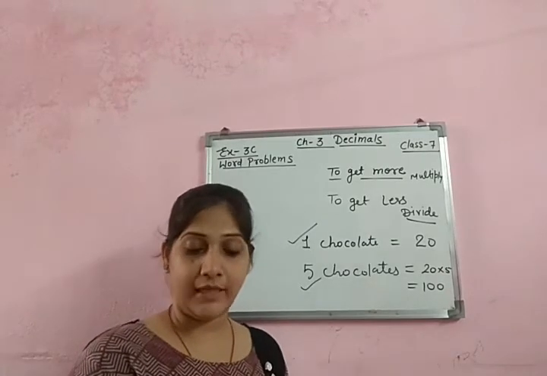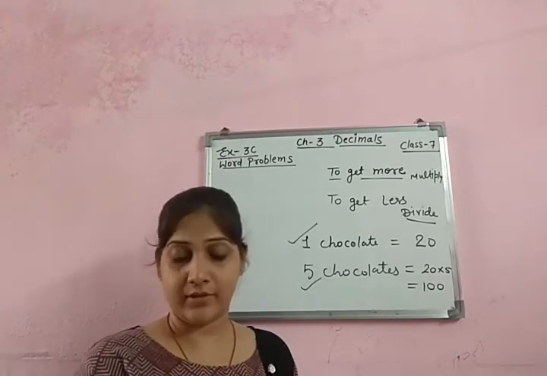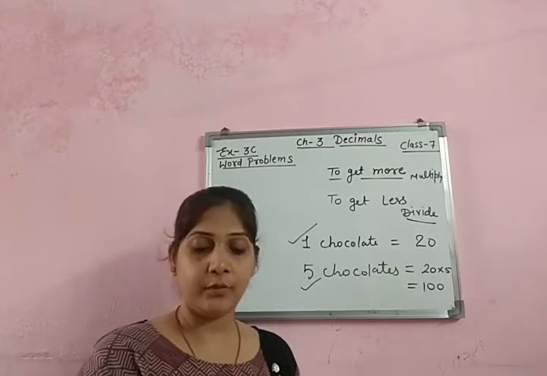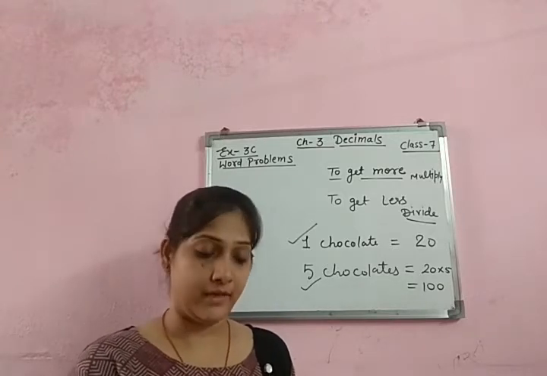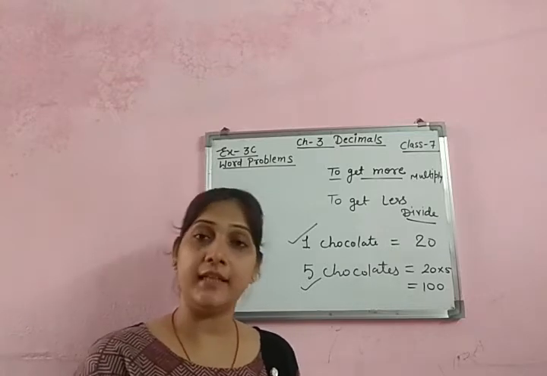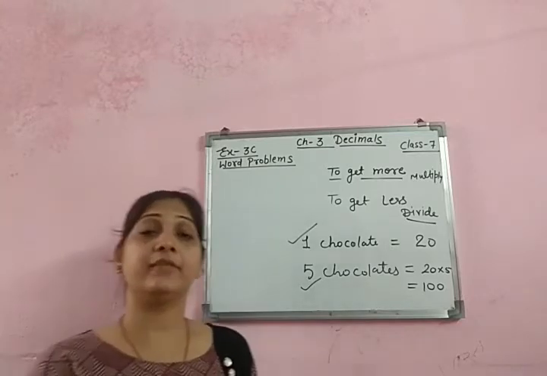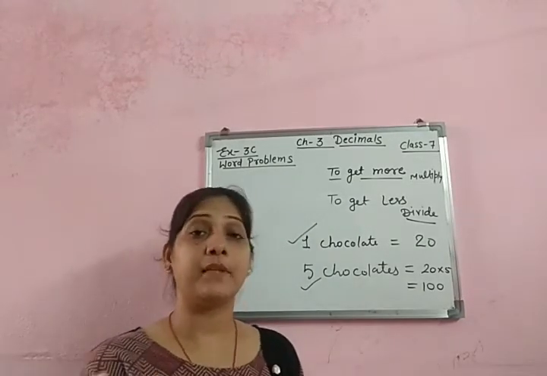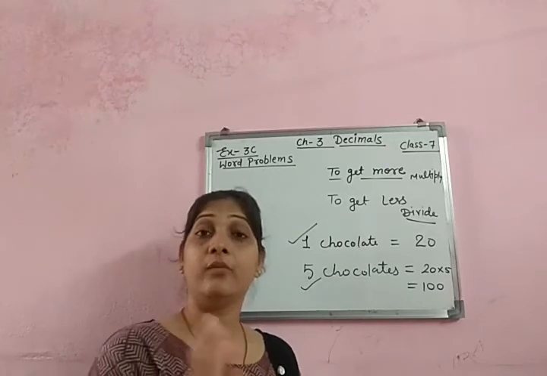So question number 9 is on the same language. A bus can cover 62.5 kilometers in 1 hour. How much distance can it cover in 18 hours? In the given question, it is saying how much distance a bus covers in 1 hour.